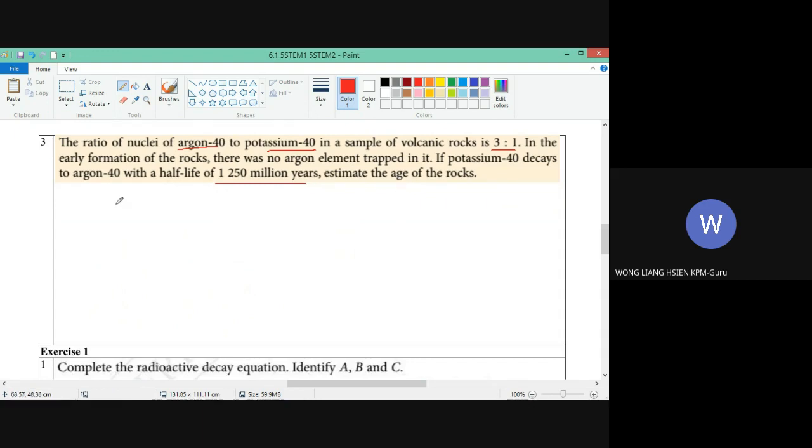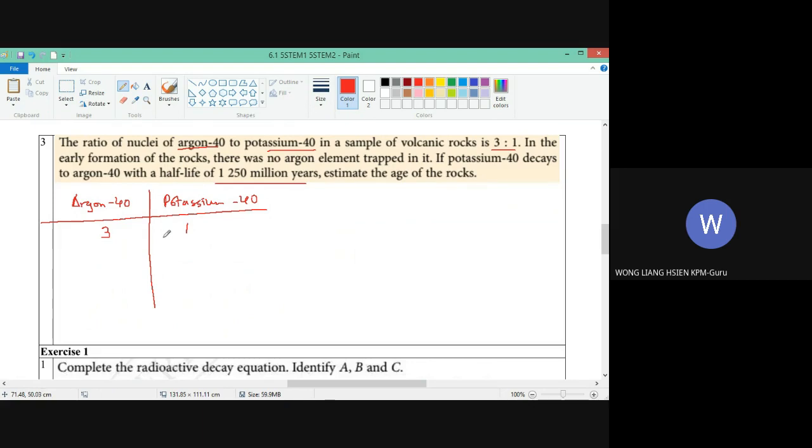So you see argon-40, this is potassium-40, and the ratio is 3 to 1. At the beginning, there are no argon elements; argon is 0.